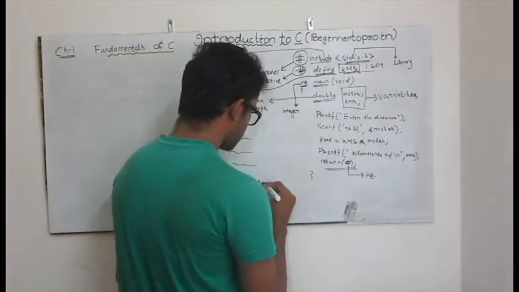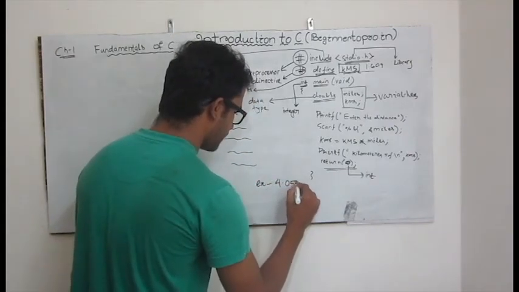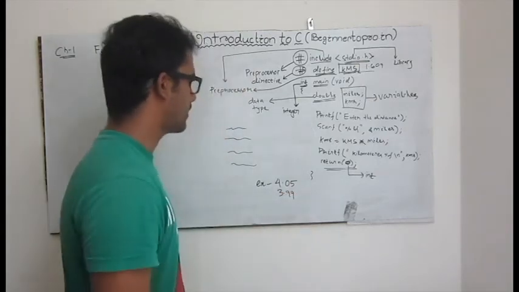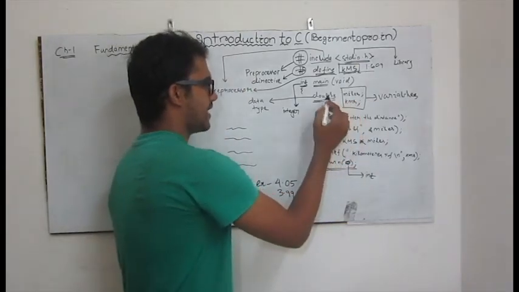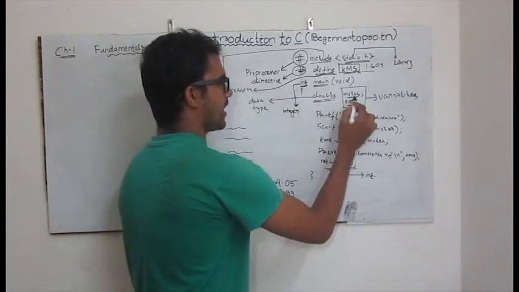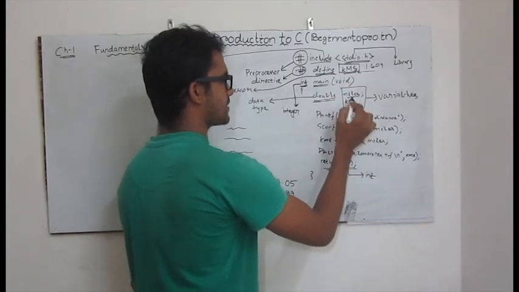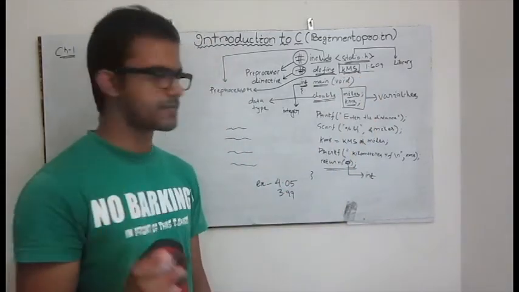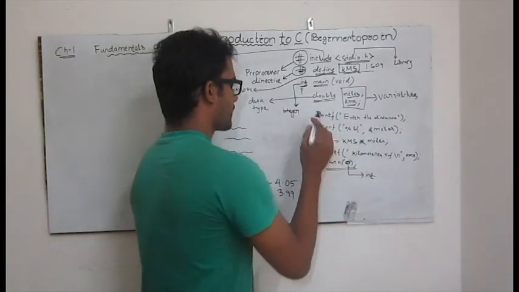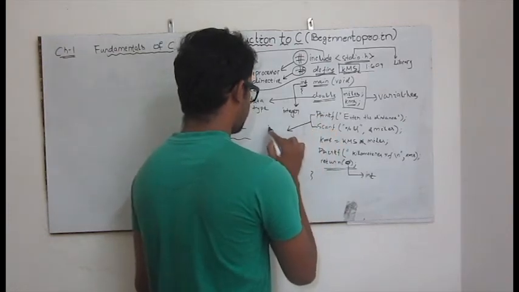For example, 4.05, 3.99. Okay, so these are miles and KMS; I have written KMS in capital and miles in small letters here. Both are going to accept double type. These are the two identifiers.